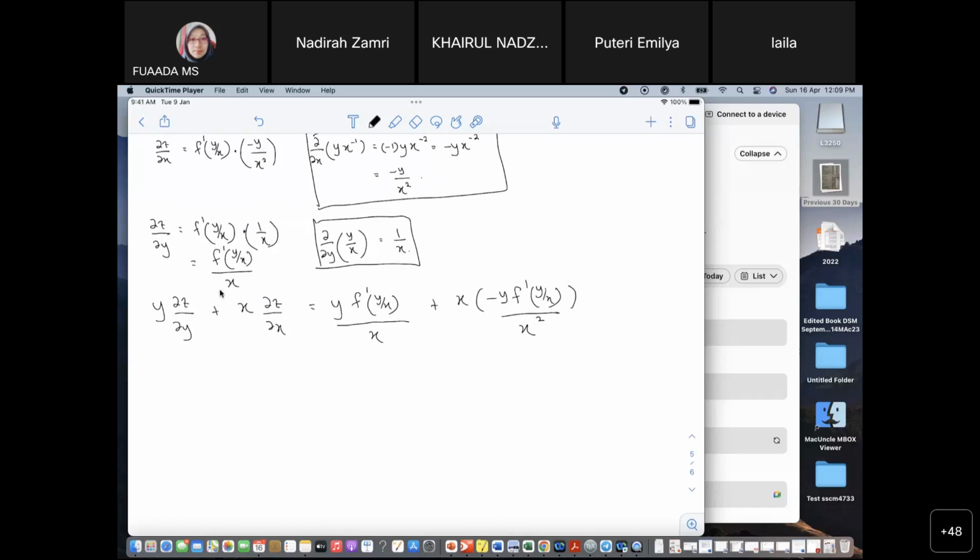So when we simplify, we have y over x f prime y over x minus, so this one cancels, the square is gone, so we have y over x f prime of y over x. So we got 0 because they have a similar form. So it is shown.